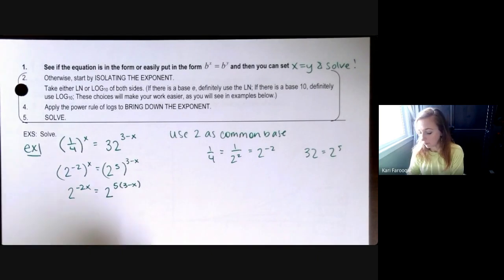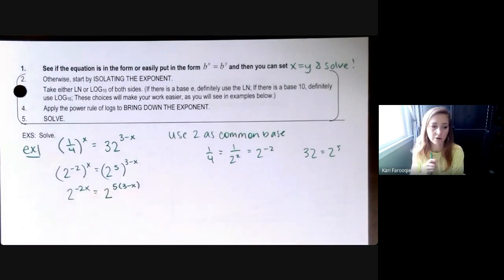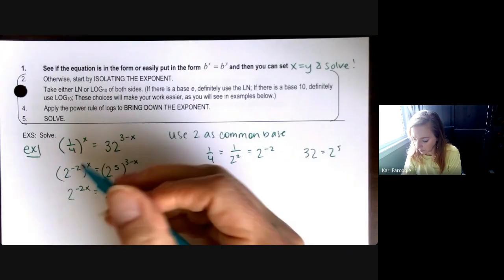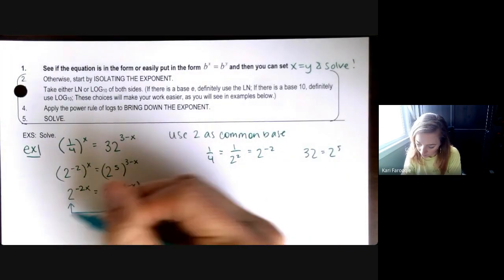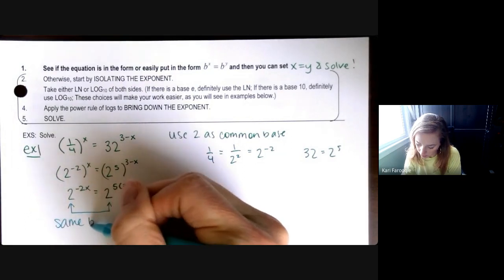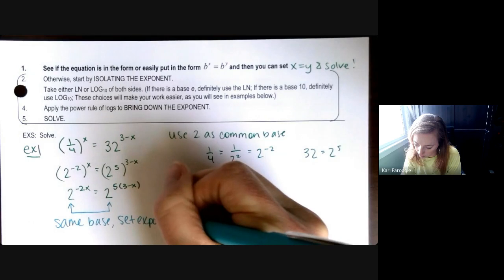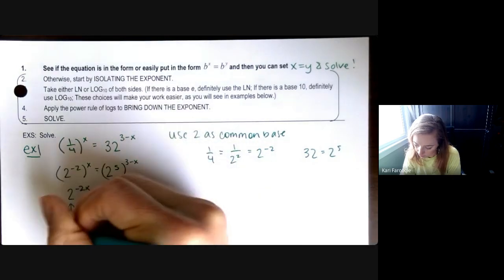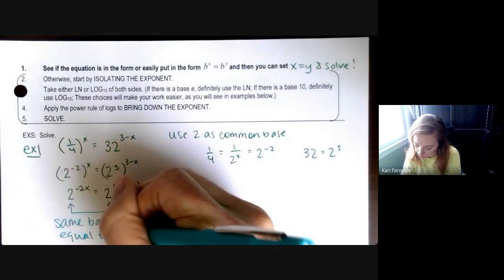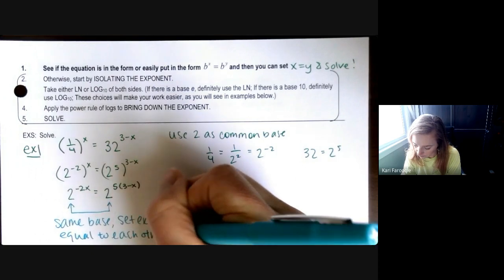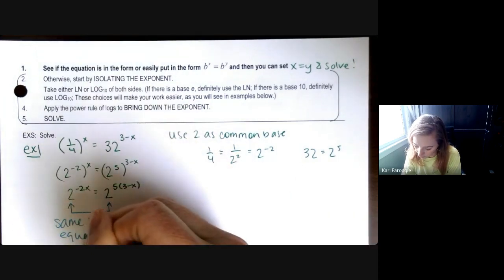The parentheses here are very important. Now that you have the same base, we can set the exponents equal to each other. So: same base, set exponents equal to each other, and solve.